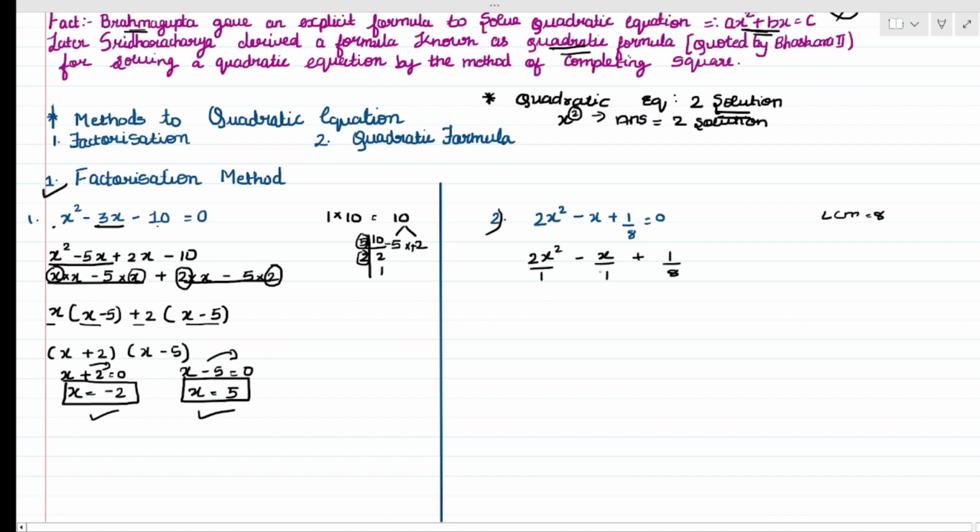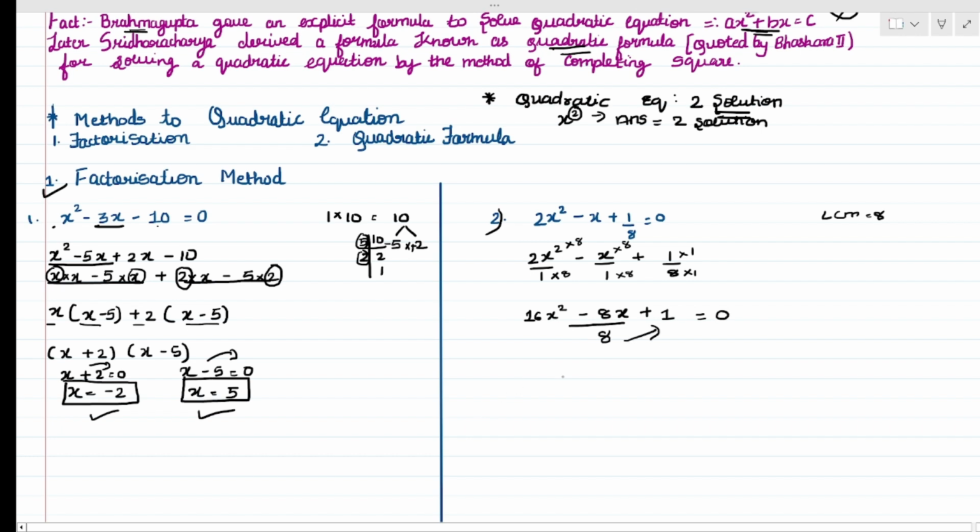So I have to make all the terms into it. So it will become 8 multiplied by this and multiplied by 8, and this will also be multiplied by 8, and multiplied by 1. So 8 twos are 16x square minus 8x plus 1 whole upon 8, now equals 0.